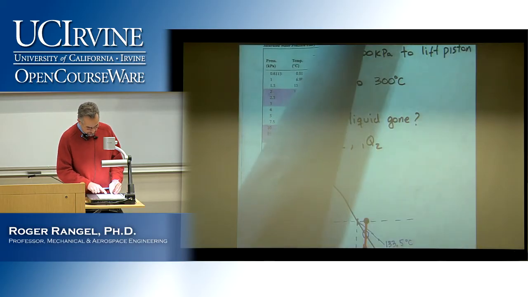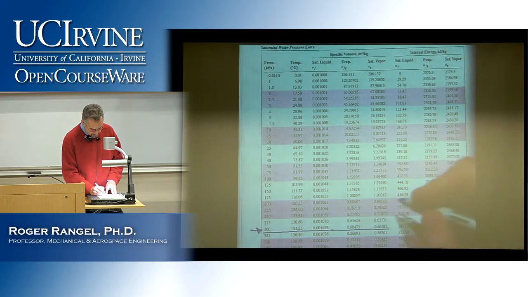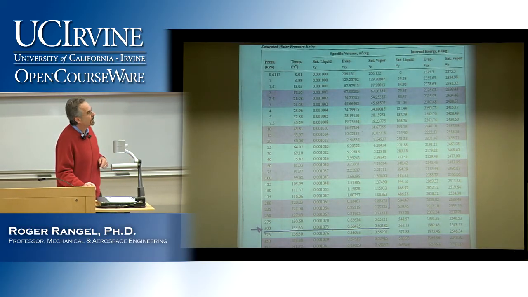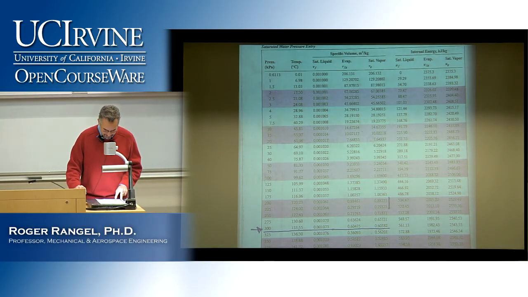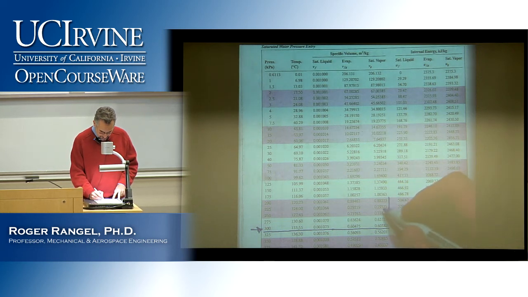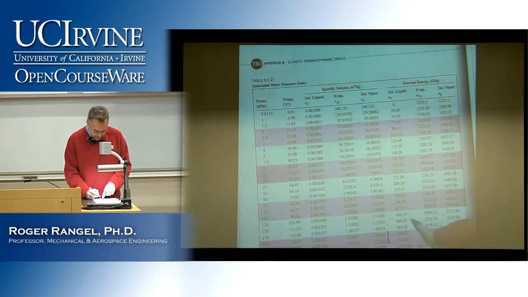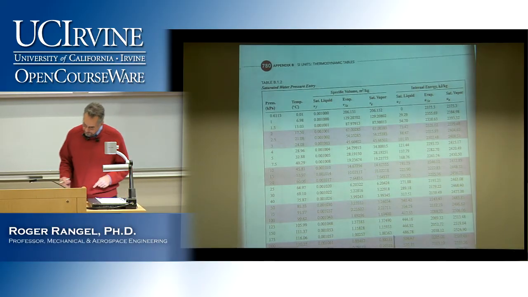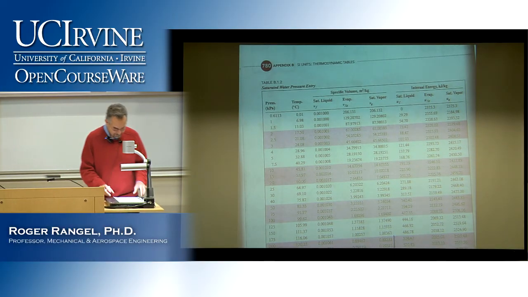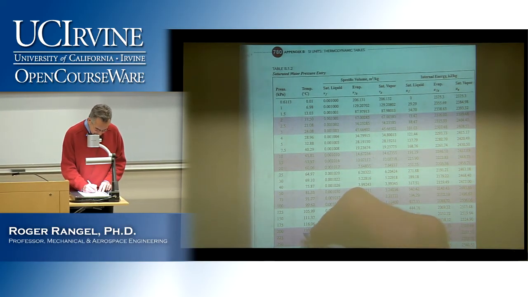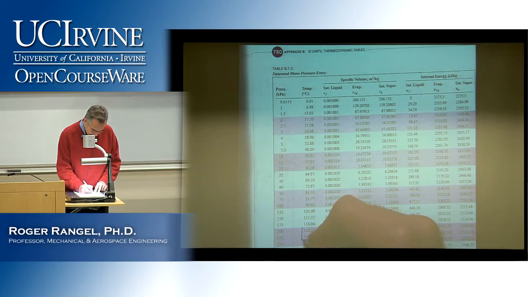So 0.837 is between these two, but it's not close enough to either one for me to say, I'll take one or the other. So I have to do a little bit of a fancier interpolation. One is 0.79, the other one is 0.88, and I need 0.84. So I kind of eyeballed the two. Temperature-wise, here are the two temperatures.